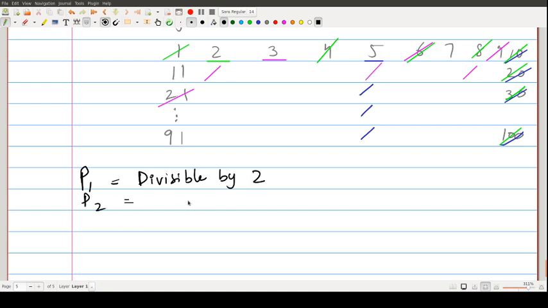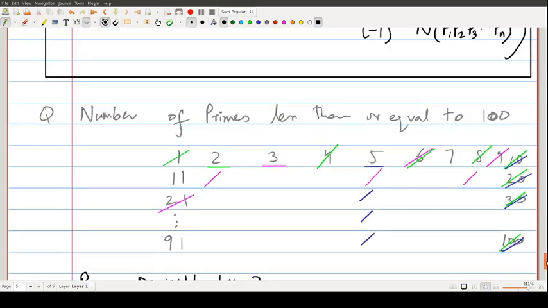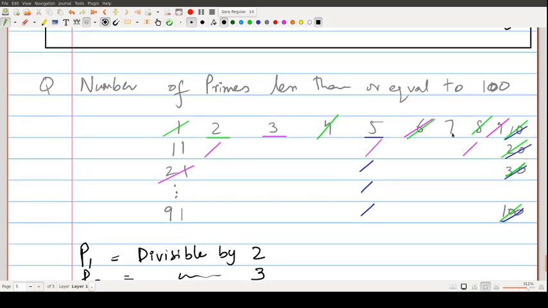Property 2 is that it's divisible by 3. Property 3 is that it's divisible by 5. And property 4 is that they are divisible by 7.